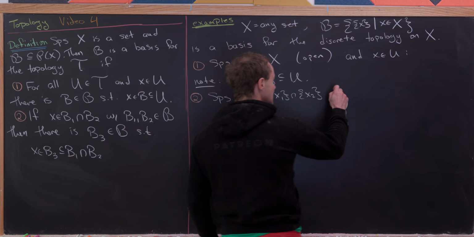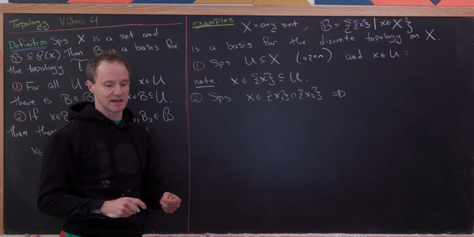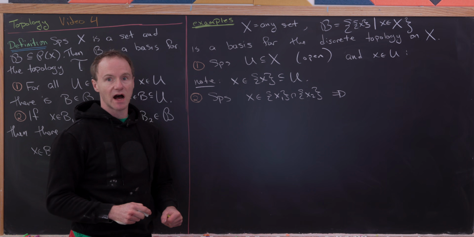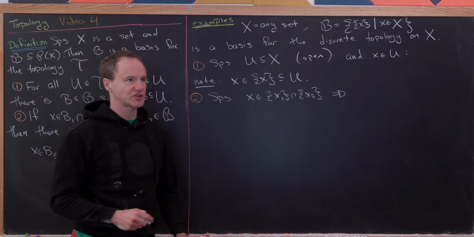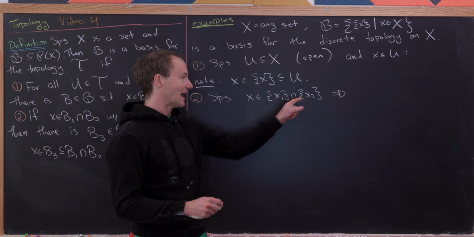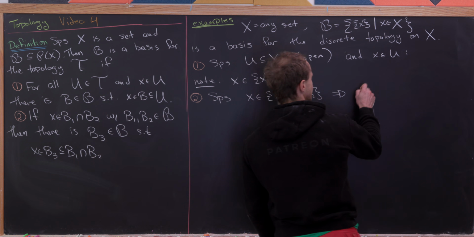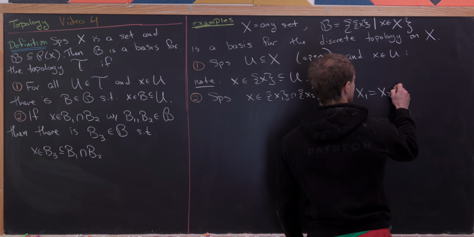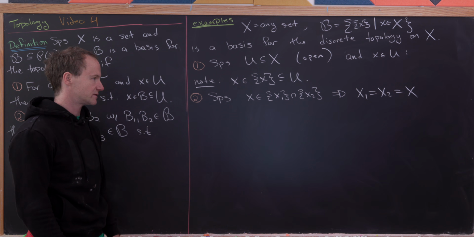But immediately that tells us that the set containing x1 intersected with the set containing x2 is non-empty because it contains an element. But the only way for an intersection of singletons to be non-empty is if each of the elements building those singletons are equal. So in other words, we've got x1 equals x2, but then that has to be equal to x because that's the point inside of those.